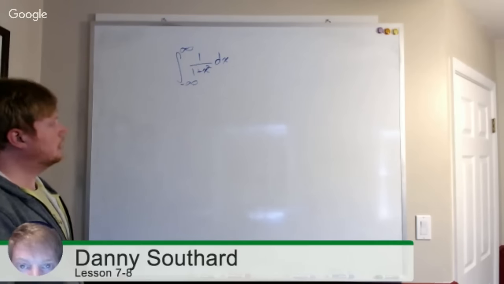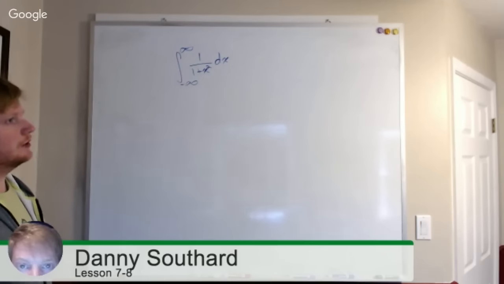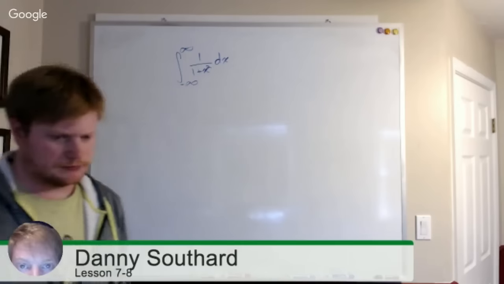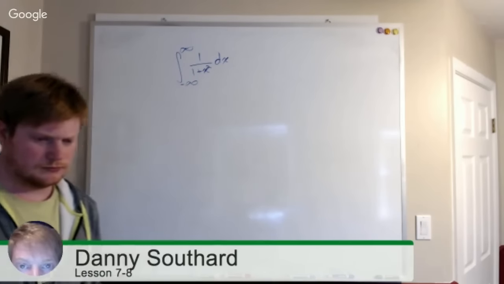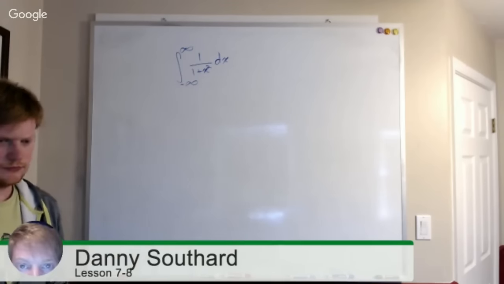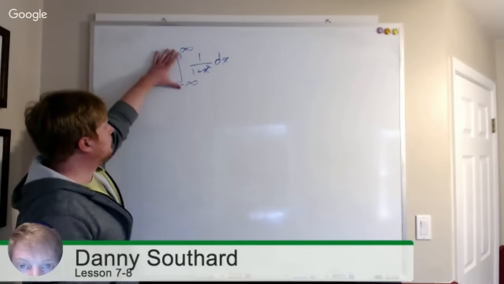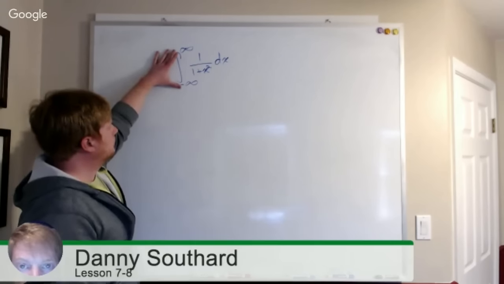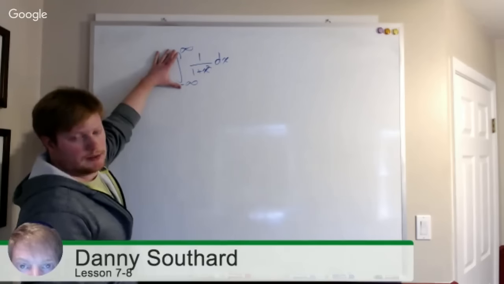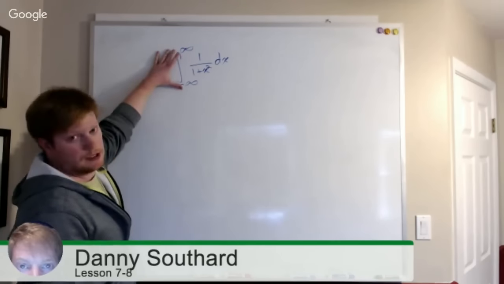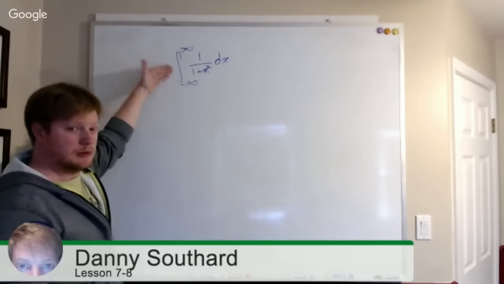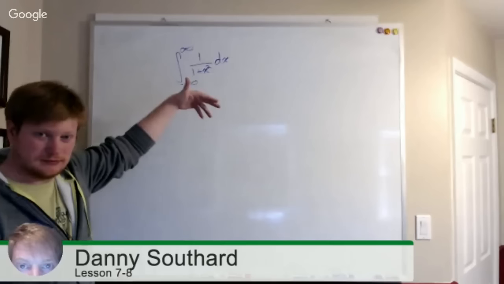It has a horizontal asymptote, y equals 0. But in order to evaluate with two bounds of infinity, I can't take a double limit of something, right?